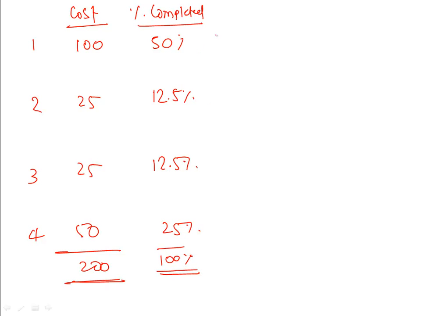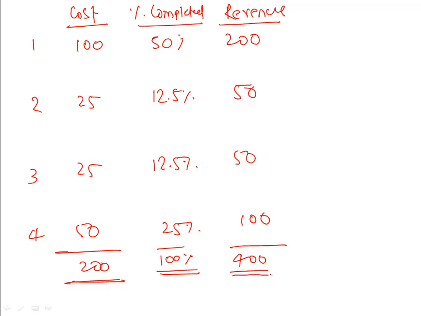Total revenue is 400. So to find out my revenue, I just want to multiply, that's it. So 50% of revenue is to be recognized in year 1. So revenue is going to be 200, 50, 50, 100, total 400.